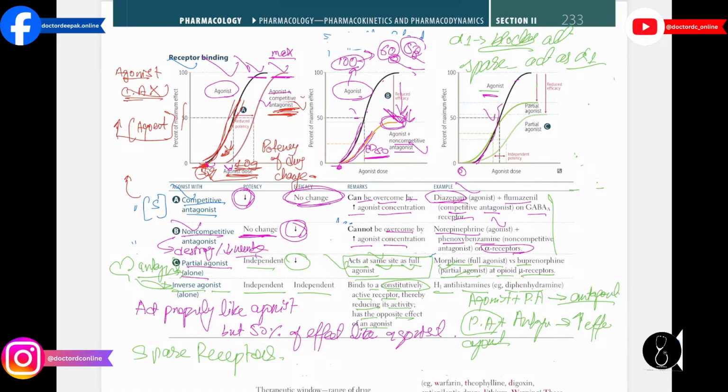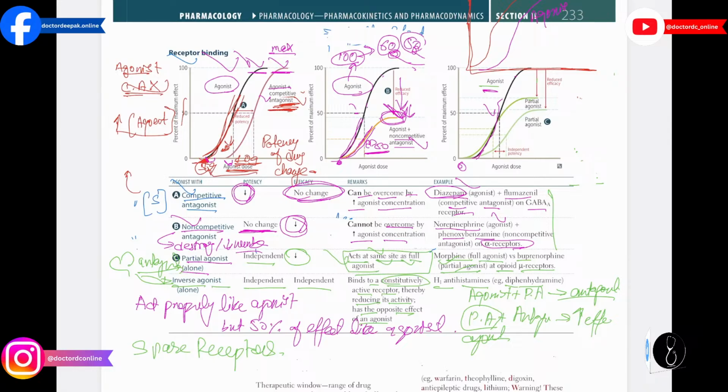Second, I am giving the agonist with a low dose of antagonist, and still getting the maximum effect.